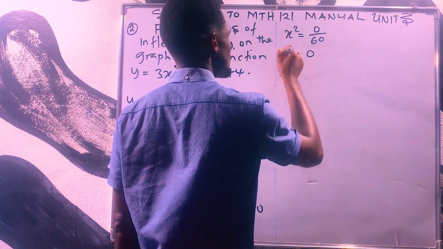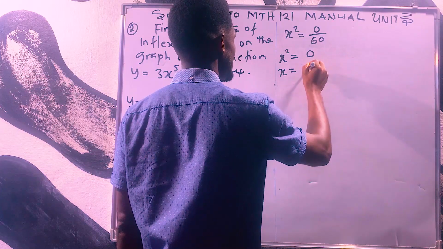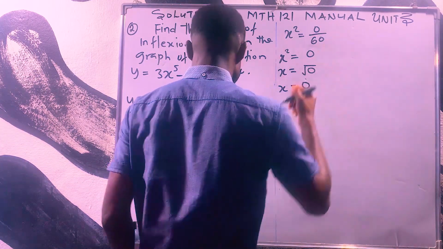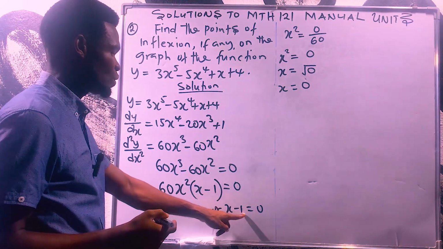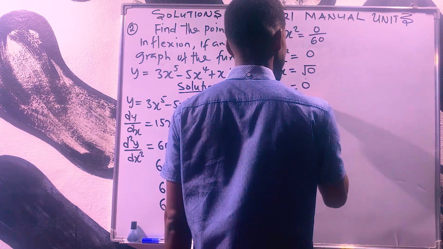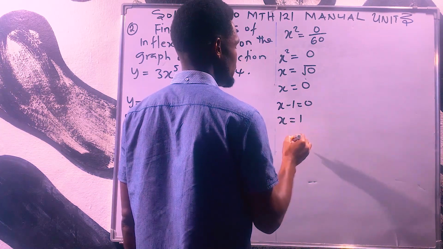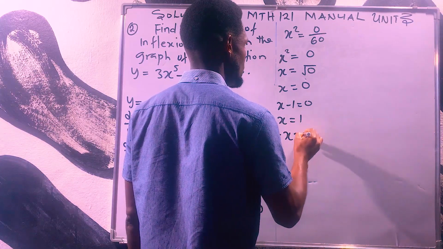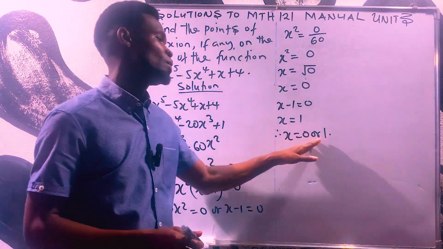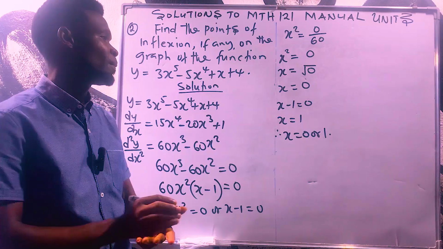So x is equal to, when the square crosses the equality sign, it becomes square root, the square root of 0, meaning that x equals 0. Or x minus 1 equals 0, meaning that x equals minus 1 will cross and become plus 1. So therefore, x is equal to 0 or 1. These are the two values of x after solving this.